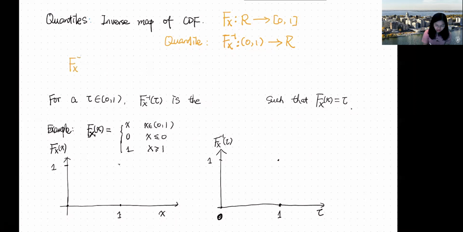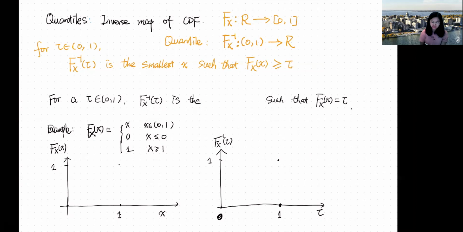So the quantile function at the value tau, for tau in the open 0 to 1 interval, is the smallest x value such that the CDF evaluated at this point is greater than or equal to tau.